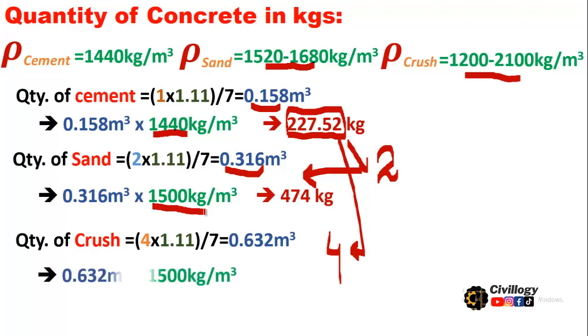And if you know the density of crush or coarse aggregate that we are using in concrete, multiply the volume by the density, and you will get the quantity of crush in kgs. So that's how you can find the values of the ingredients that we are using in concrete in kgs and cubic meters. So that's all for today.